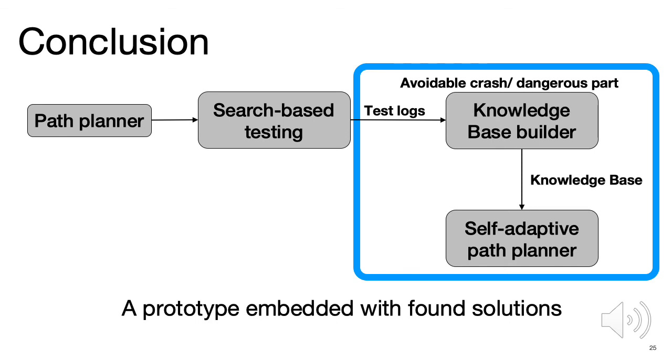And finally, we can get a prototype embedded with the found solutions. And from the experiments, we can see that our self-adaptive path planner can solve almost all the avoidable collisions, and also can solve most of the avoidable collisions in the other set. And finally, it will not introduce too many dangers in the safe scenarios. So that is a good result.